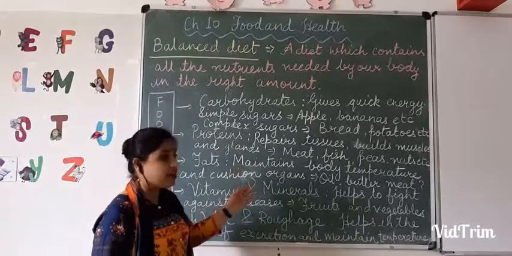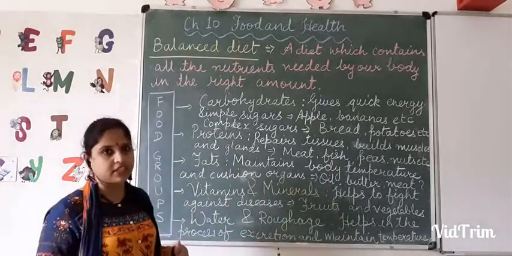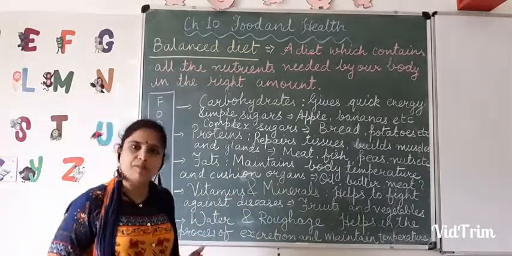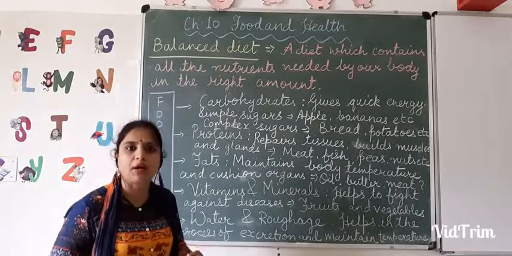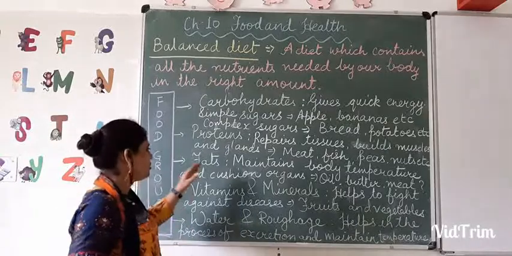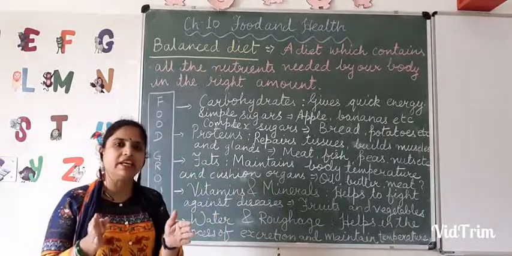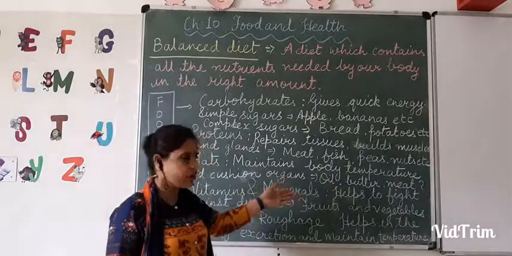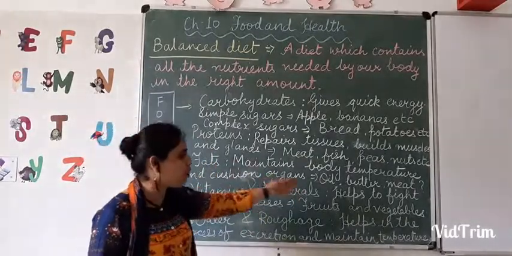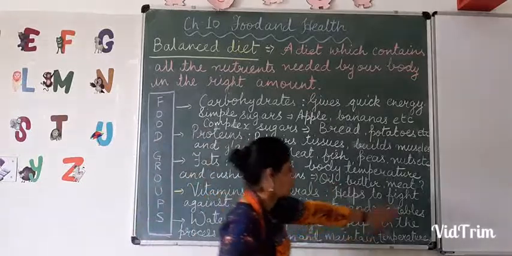And when we take extra fat content in our diet, the person becomes obese. Obesity occurs, that is called motapa in Hindi. So fat should be taken in a very small amount in our diet. Examples of fat containing food are oil, butter, meat, etc.